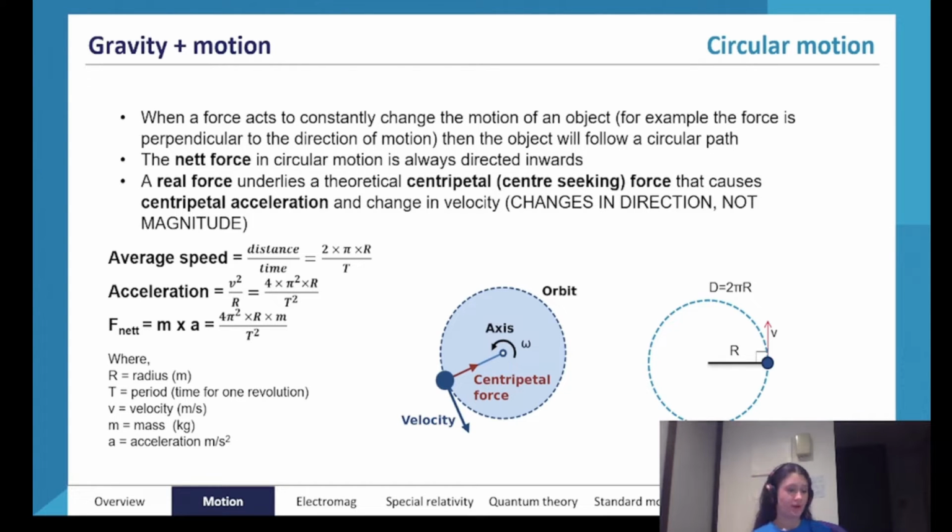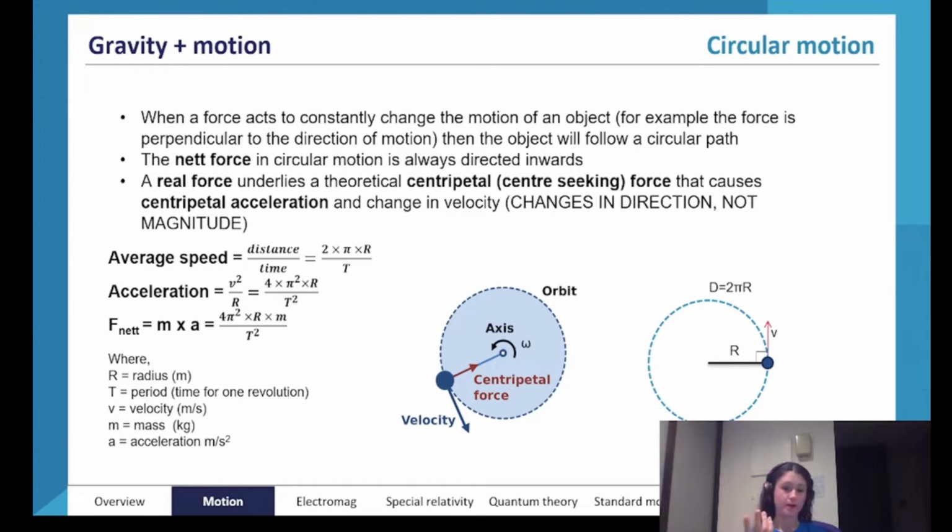One way to think about this is that if you're moving at a certain velocity, there's a force holding you to the center of motion. You want to move off, but there's a force holding you there.